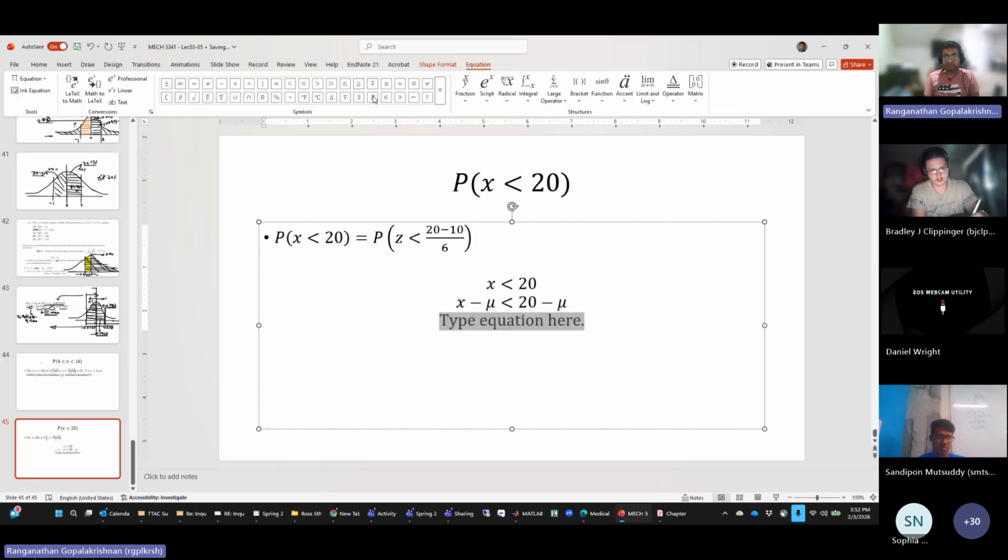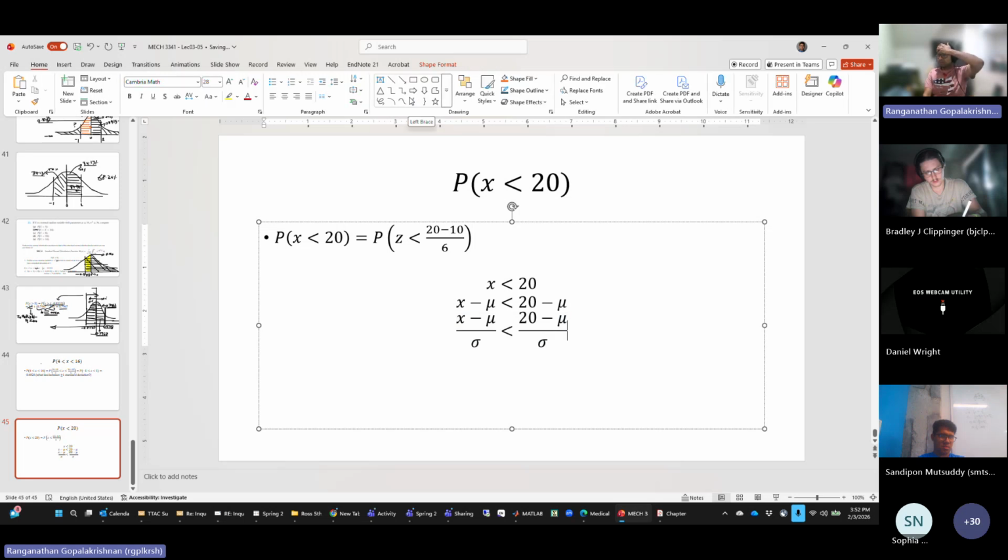And then I can divide both sides by the same positive number: (x minus mu) divided by sigma less than (20 minus mu) divided by sigma. You'd be okay with that, right? Just dividing the same number on both sides.